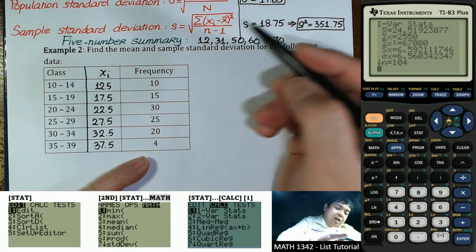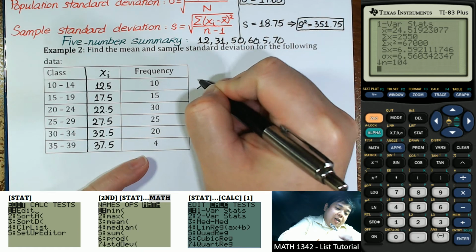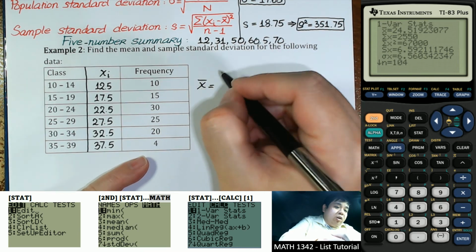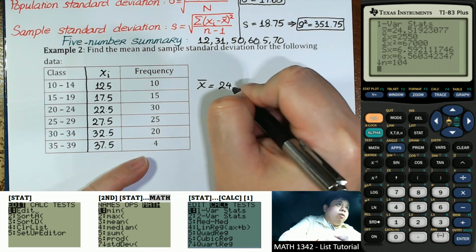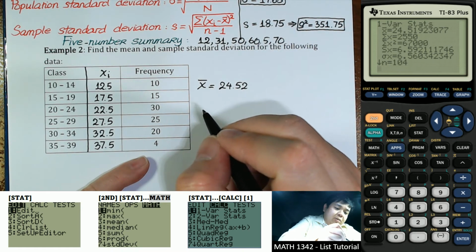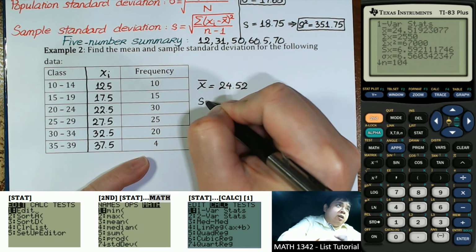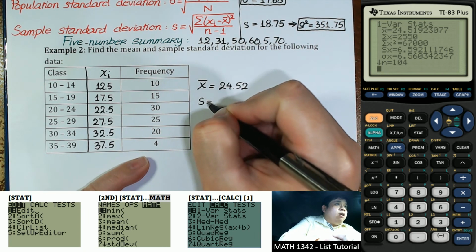So the mean, in this case, let's use the sample mean, 24.51 or 52, and this is the sample standard deviation, so that's going to be S, 6.59.